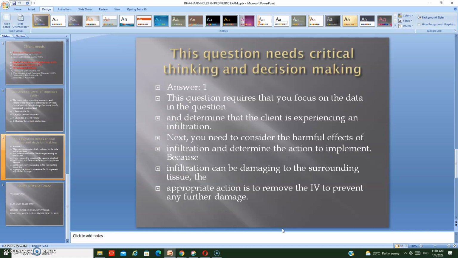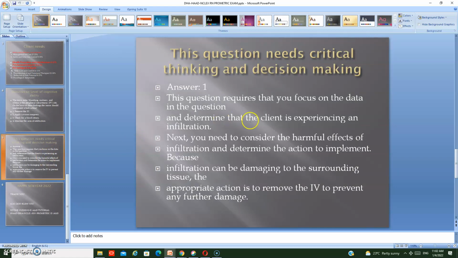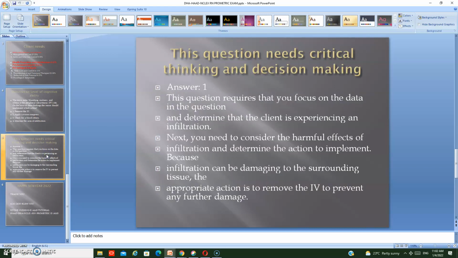This question requires that you focus on the data in the question. You see the data, what the patient is having. Blanching is there, coolness is there, edema is there, in the peripheral intravenous site. From this data you determine the client is experiencing an infiltration.